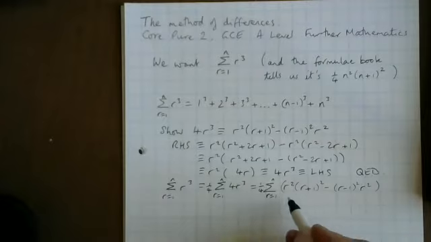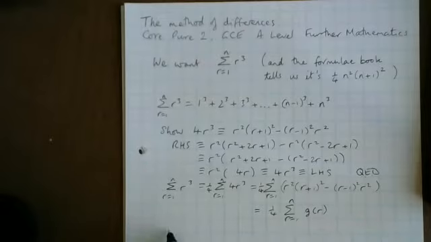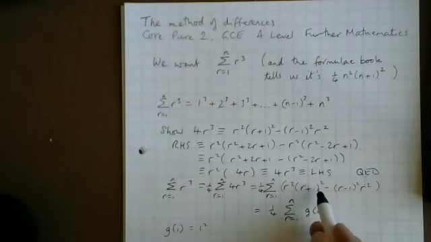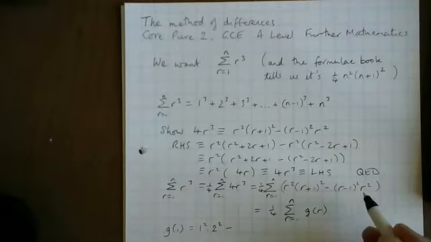If we call this the right-hand side g of r, then I can say g of 1 equals 1 squared, 1 plus 1 is 2 squared, minus 1 minus 1, 0 squared, 1 squared.